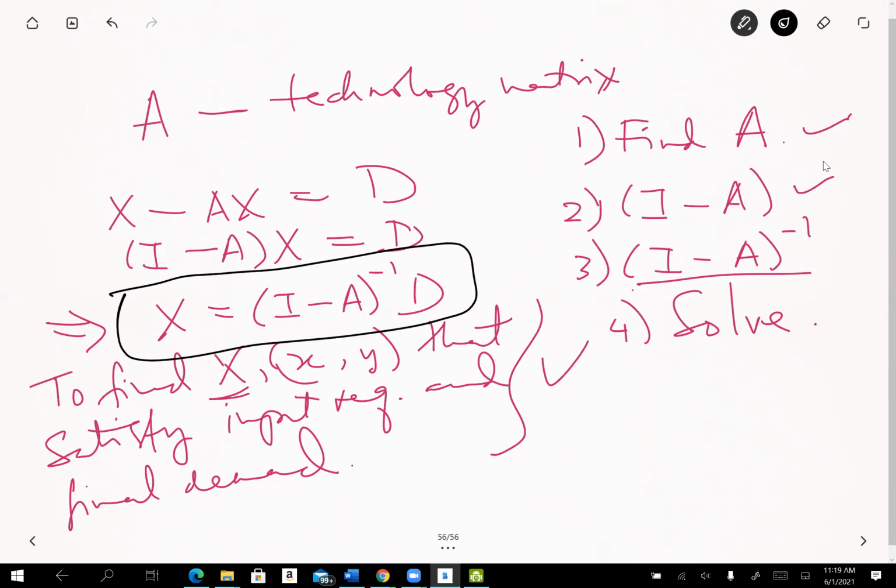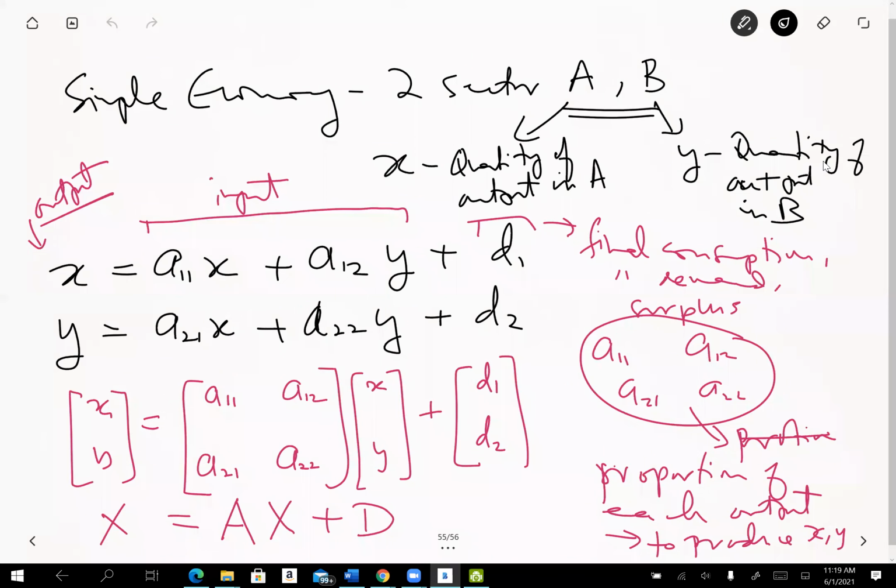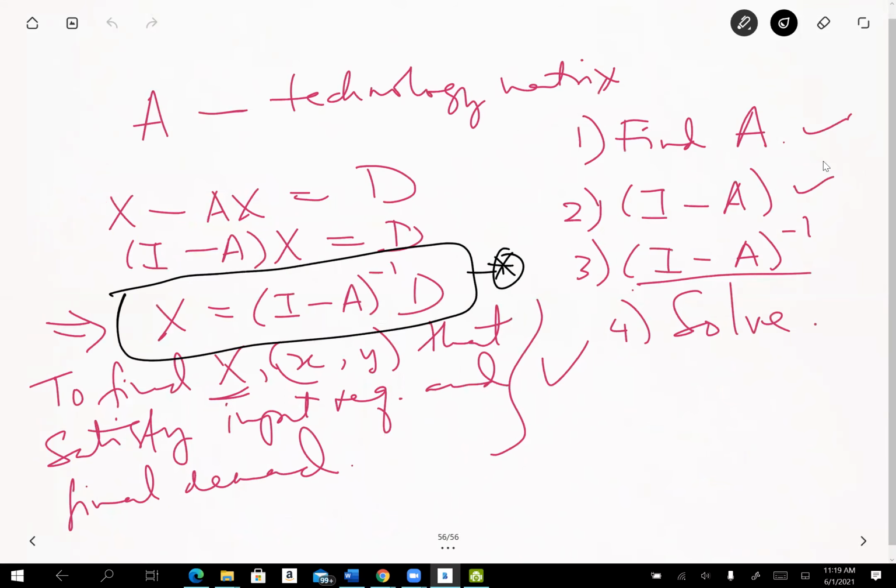So in order for us to solve the problem, you just start from here. We don't need to start from where I started. Where I started is just to see the idea. But when you want to find the X, we will start here.